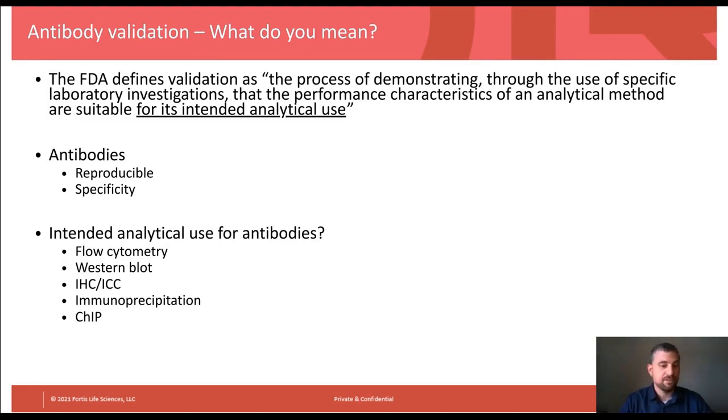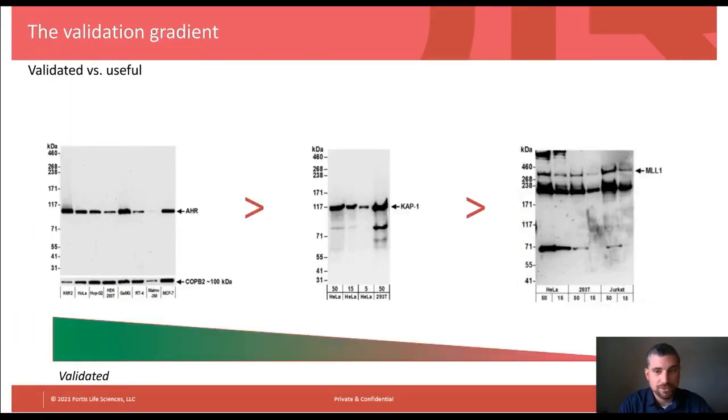And so whatever you're validating it for and what you're validating it to use it for is pretty consistent and very reproducible day to day. It's also important to keep in mind that there can, in some circumstances, be a difference between a validated antibody and a useful antibody.